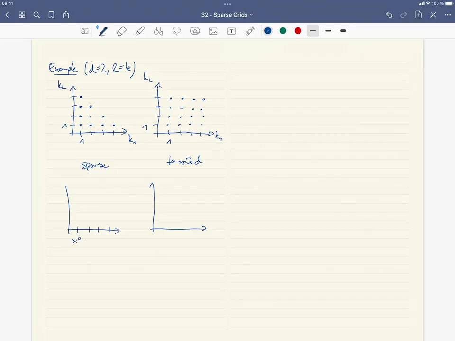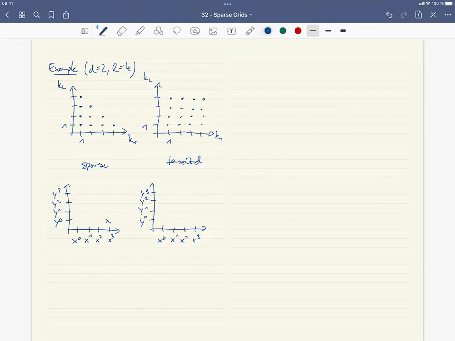Here I have x to the 0, x to the 1, x to the 2, x to the 3, and the same with y to the 0, y to the 1, y to the 2, y to the 3. So what do we get in terms of polynomials?